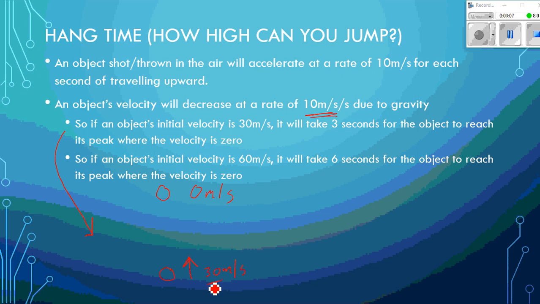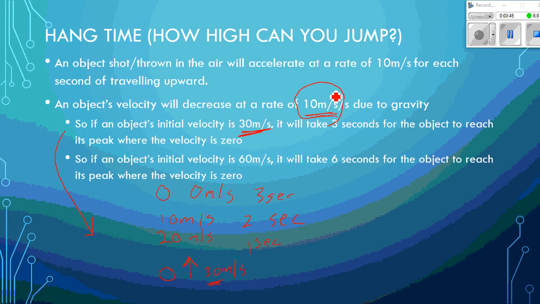Because you start at 30 and you decrease by 10 every second. After 1 second, take 10 out of 30 and you'll be at 20. After 2 seconds, you'll be at 10. Then finally, after 3 seconds, you'll have taken all of that velocity right out of that ball. So it'll take exactly 3 seconds to get to the top if you start with 30.